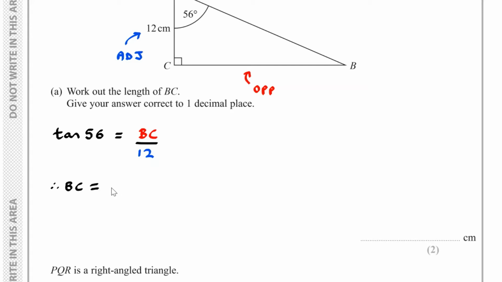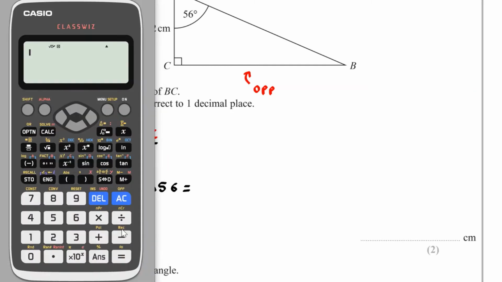So BC is equal to 12 multiplied by the tangent of 56, and if I work this out, we end up with, to one decimal place, 17.8.